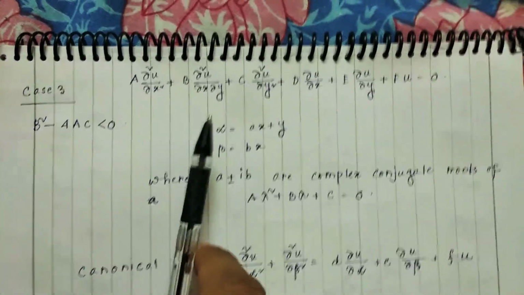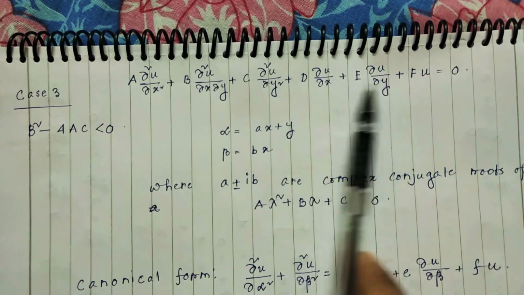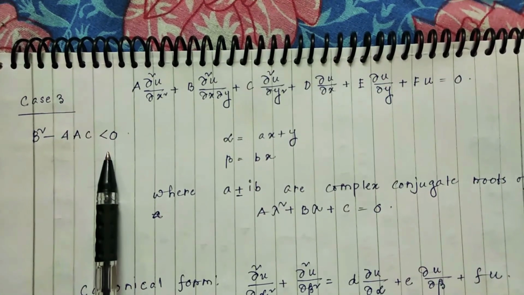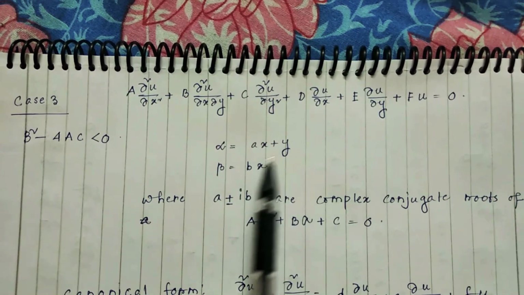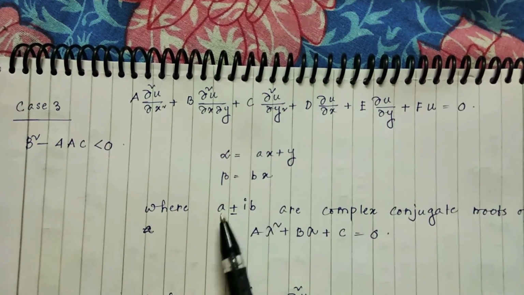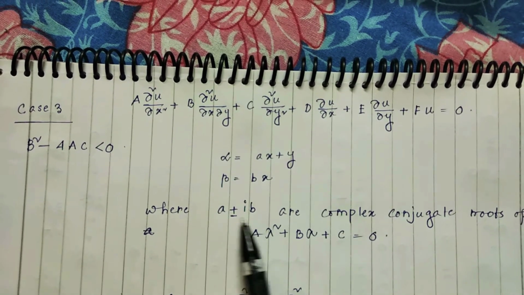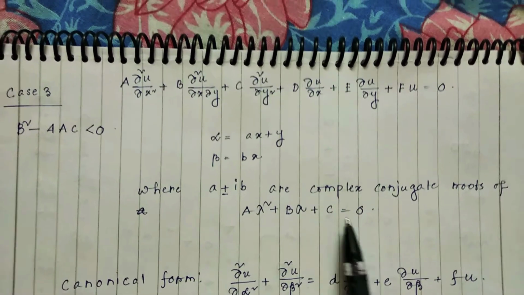This is a little easy, because here you have a given equation with b square minus 4ac less than 0. So the transformation is alpha equals ax plus y and beta equals bx. What are a and b? a plus ib are the complex conjugate roots of the equation a lambda square plus b lambda plus c equals 0.